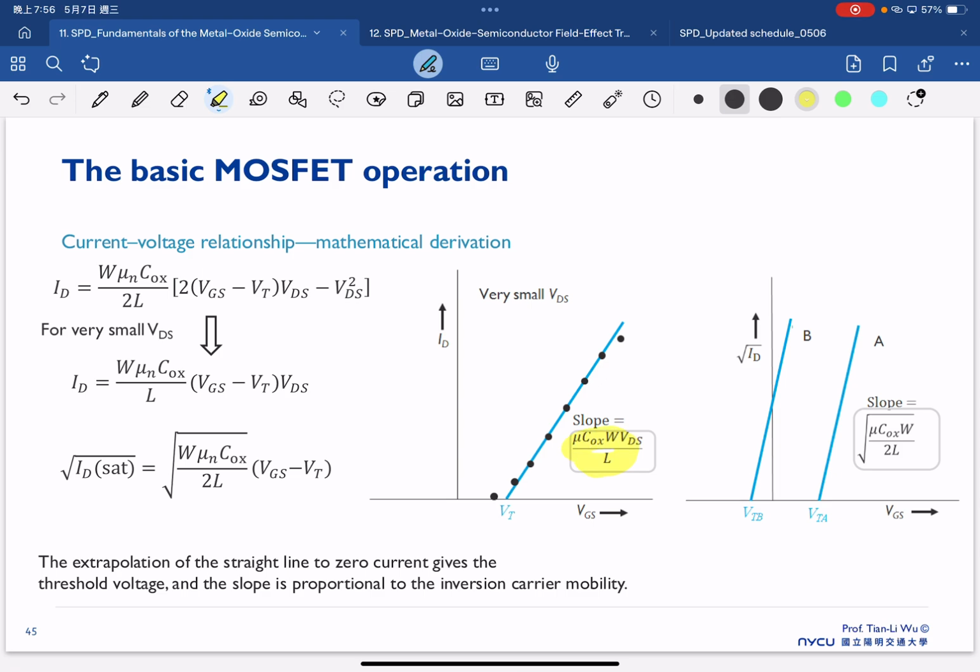It's equal to this one. And if we plot this versus this, we can also have this slope here. So the extrapolation of the straight line to zero current gives the threshold voltage, and the slope is proportional to our inversion carrier mobility. So that's a way we reuse this equation, allowing us to extrapolate the channel mobility and the threshold voltage.